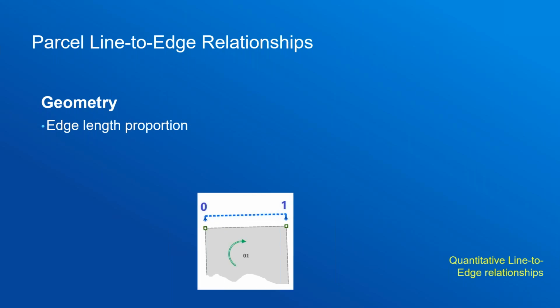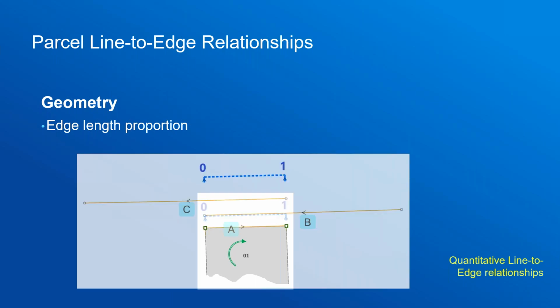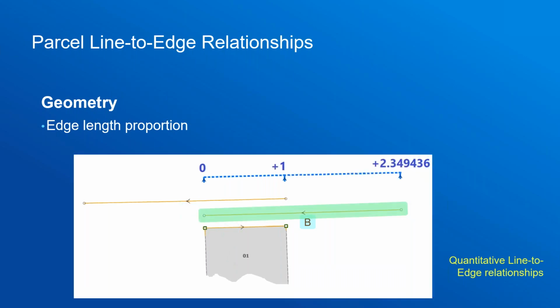So if we take an edge and we say that 0 is its start point and 1 is its end point, then if we look at these other lines, we can see that for line B, its start point relationship over here has a value of proportionally 2.349, something like that, right? Because we're saying that if 0 to 1 is the edge, then this line B is hanging off the end of that edge by this factor, 2.349.